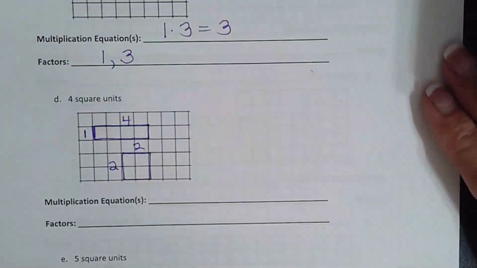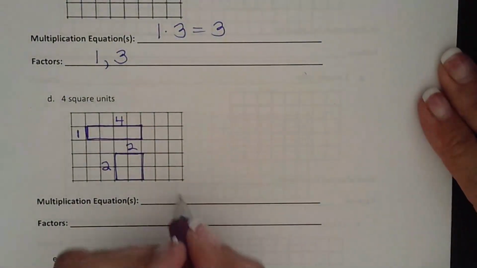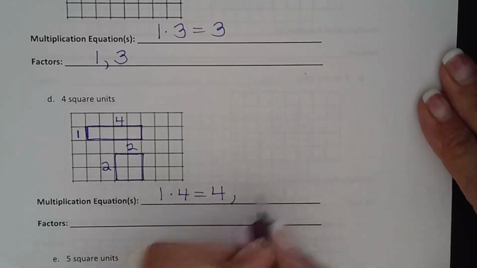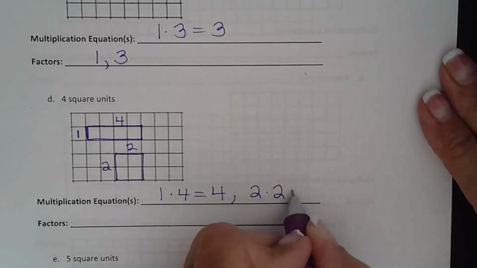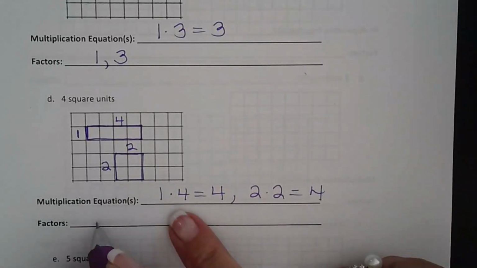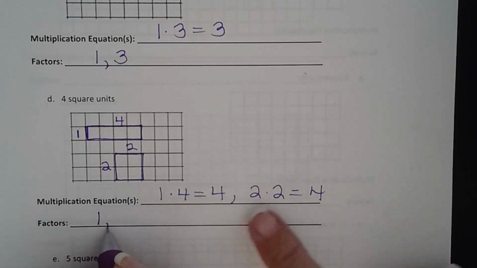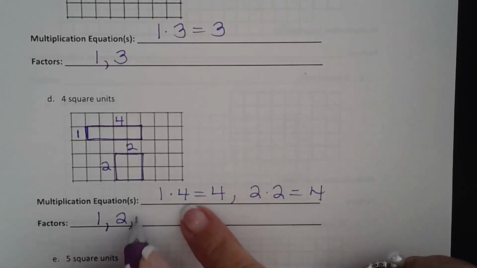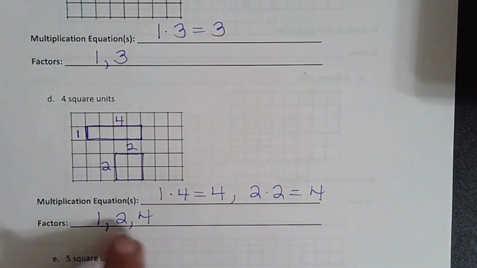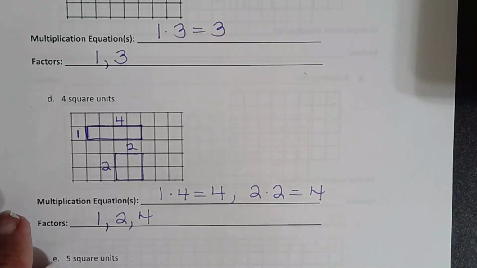So those two equations would be 1 times 4 is 4, and 2 times 2 is 4. And the factors of 4 would be, list all the numbers you see. I see a 1, a 2, and a 4, and we never repeat numbers. So the 3 numbers that go into 4 evenly are 1, 2, and 4, and they're called the factors of 4.